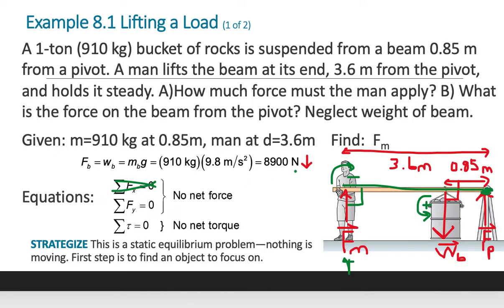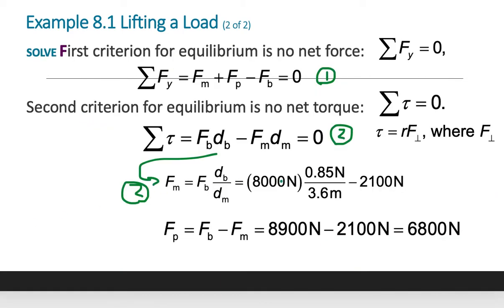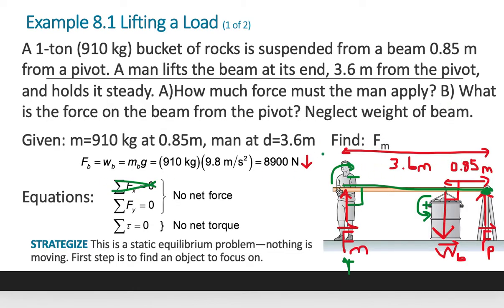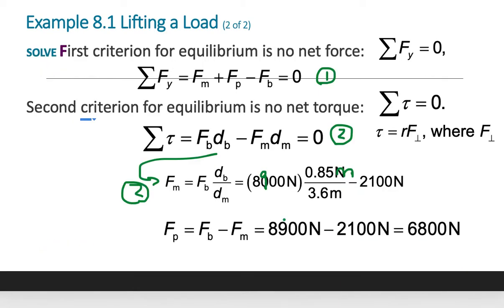That's 8,900 newtons, and this should be 0.85 meters for the distance where the bucket is, compared to the full distance of the beam, which is 3.6 meters.